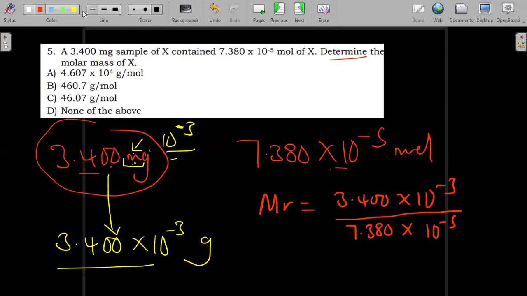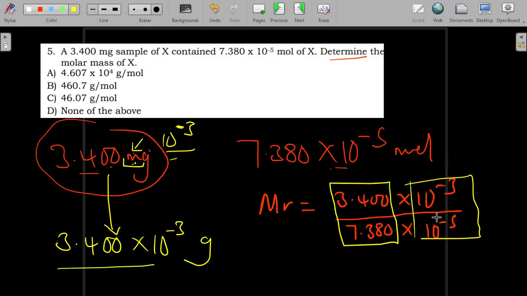Here, if you don't want to get confused, you can type all this in your calculator, but if you don't want to get confused, separate them. We are going to deal with these numbers together, and then the powers of ten alone.